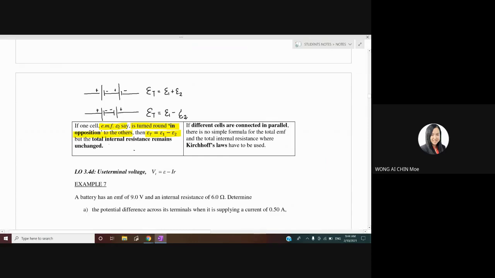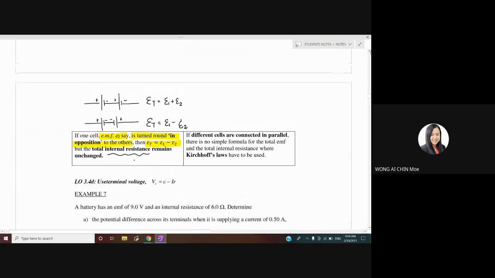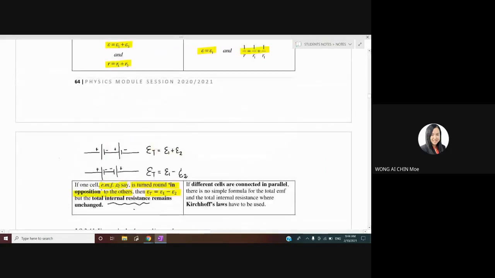But the internal resistor remains unchanged, because your internal resistor can be on your left hand side or on your right hand side. So there's no change. R total is equal to R1 plus R2 for both cases.